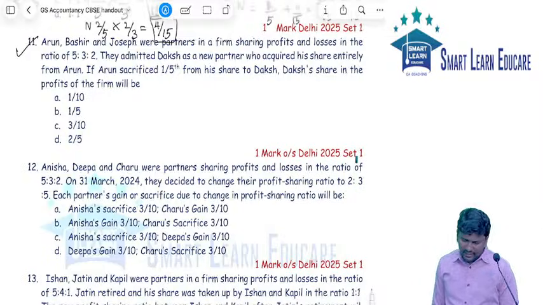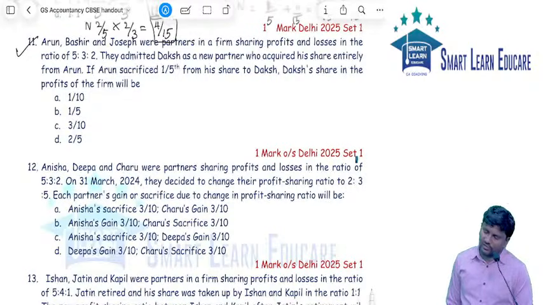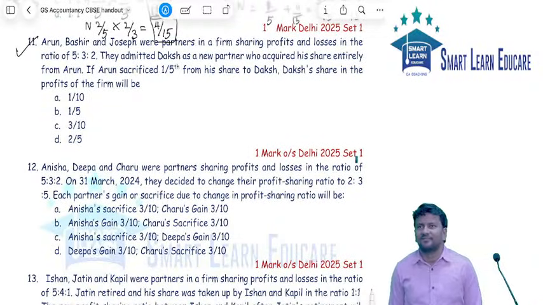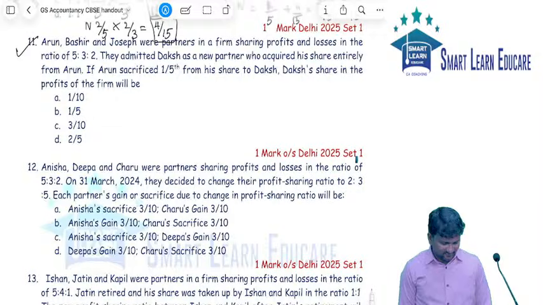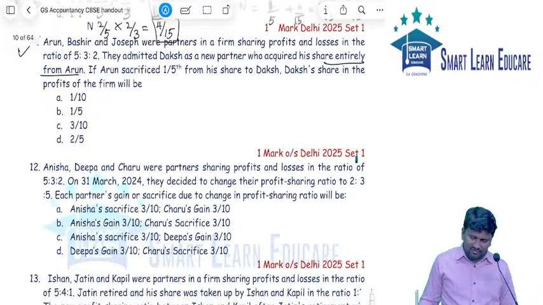They admitted D as a new partner who acquires his entire share from A. If A sacrifices 1/5 from his share to D, D's share is? Very good, an easy question. He acquired entirely from Arun.